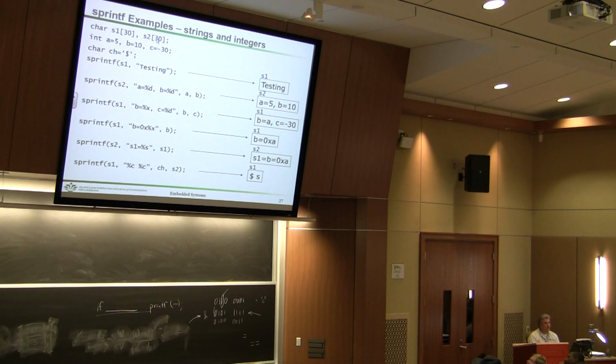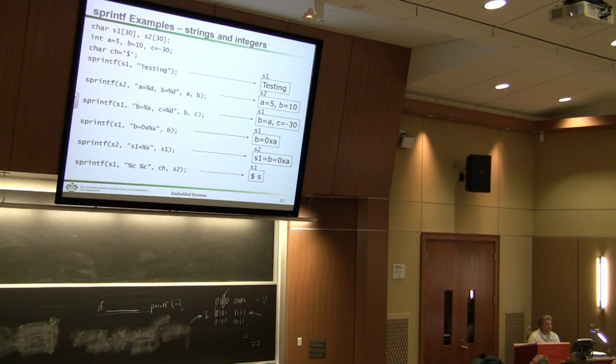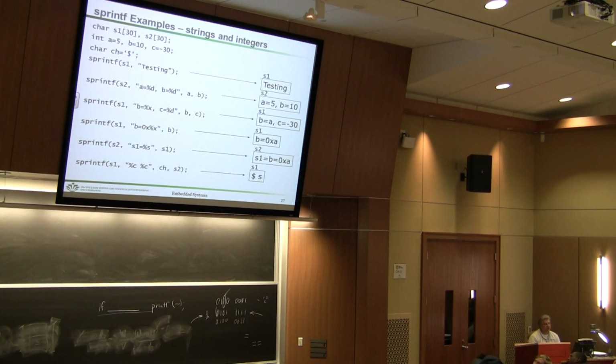If you identify two 30-character arrays, S1 and S2, and in this case we've identified three integers that have the values of 5, 10, and -30.